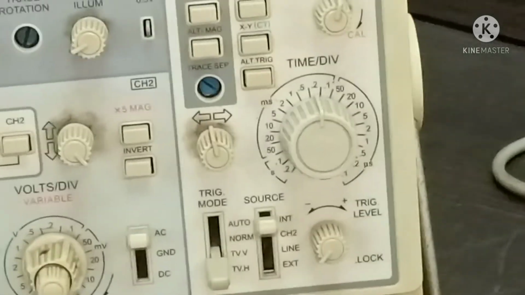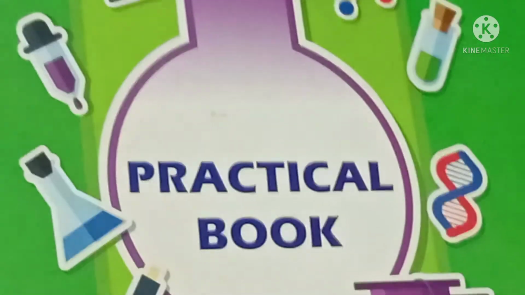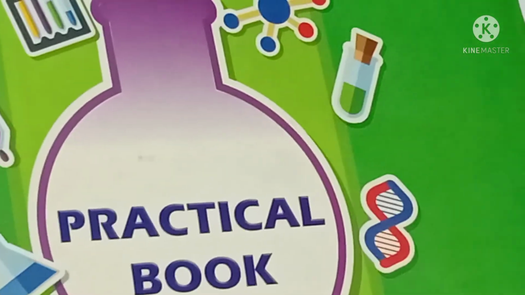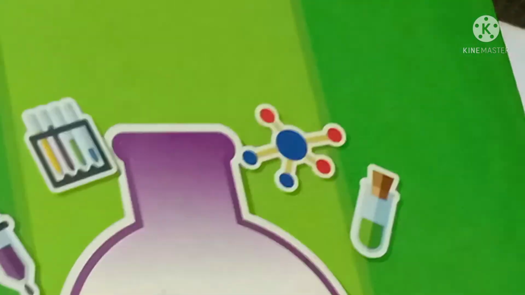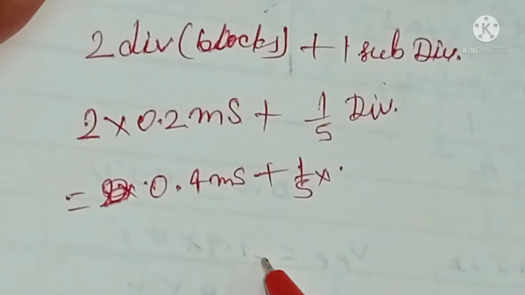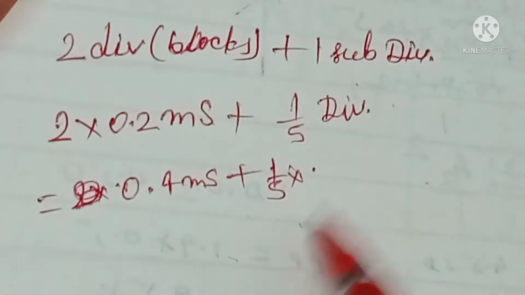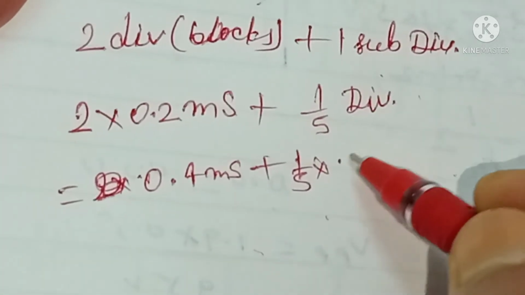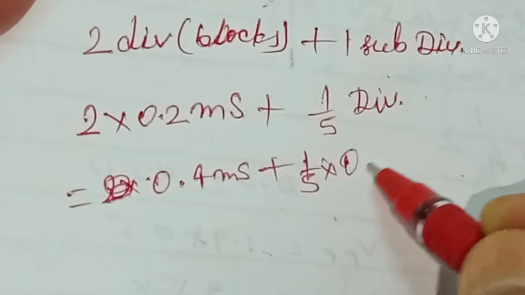I will show you how I am doing. Now you can see here 1 by 5 times 2 gives 0.4, and then 1 by 5 multiplied by 1 division. 1 division means 0.2 millisecond.